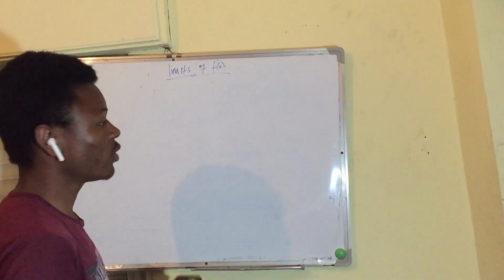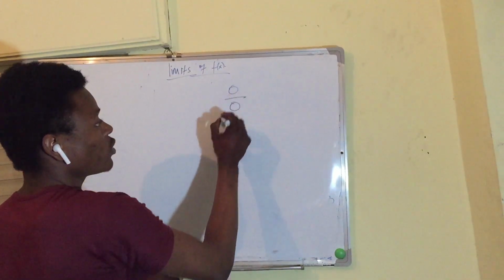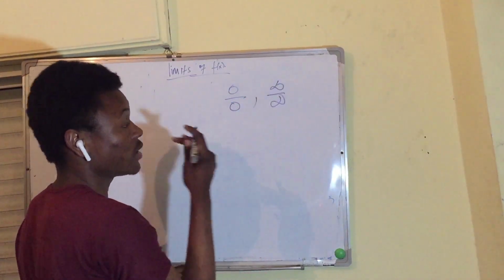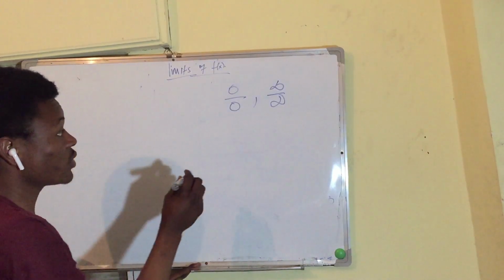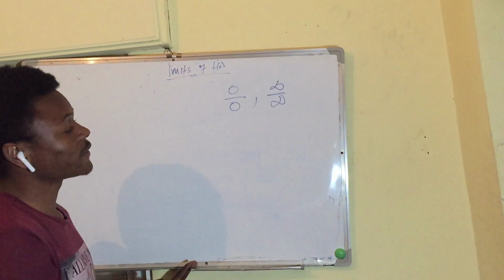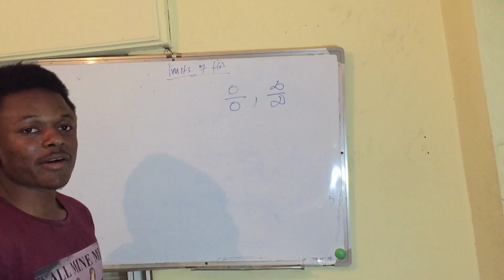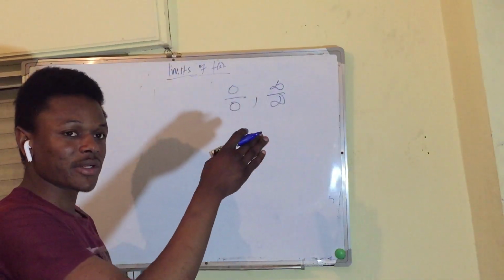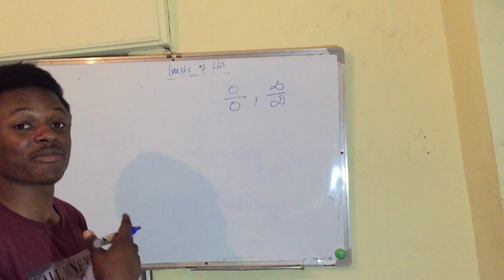So the simple way, if you get 0 over 0, or infinity over infinity, and so on, the best way is to use L'Hopital's rule. What happens is, if you get this, you factorize the numerator and denominator, or differentiate them.